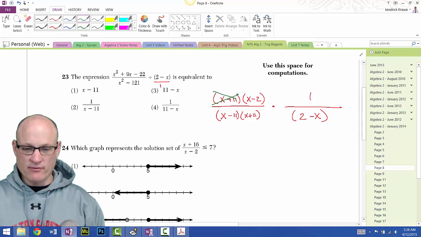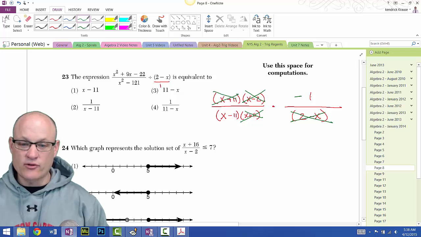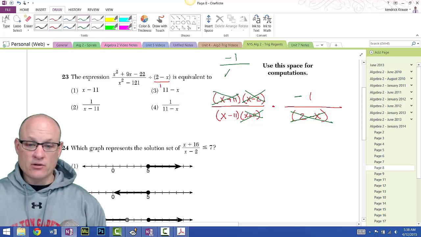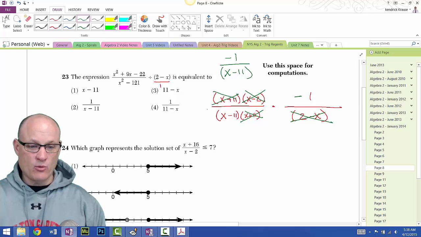This x plus 11 is going to cancel with this x plus 11. Now, this is, in fact, going to cancel with this, but it makes the negative 1 rule. So just stick a negative 1 somewhere up in the numerator. So my answer is negative 1 over x minus 11. And I haven't looked at the answers yet, but I'm thinking they weren't very nice to us.